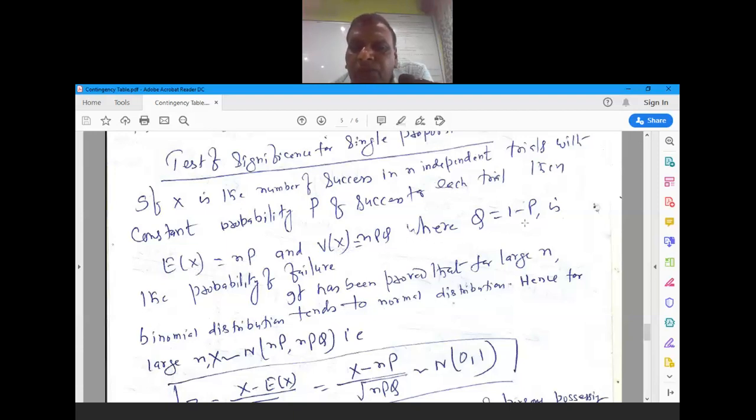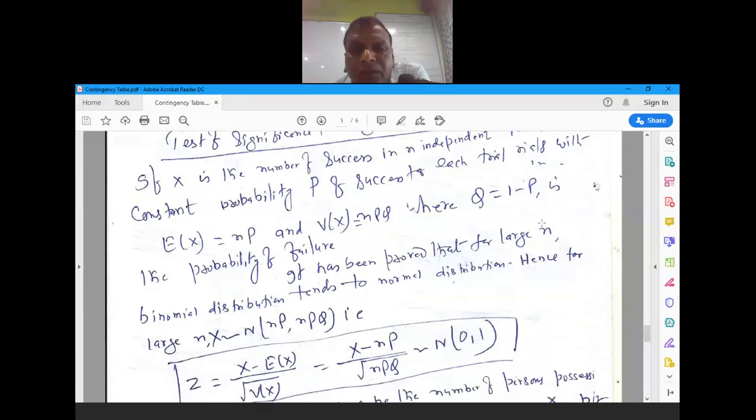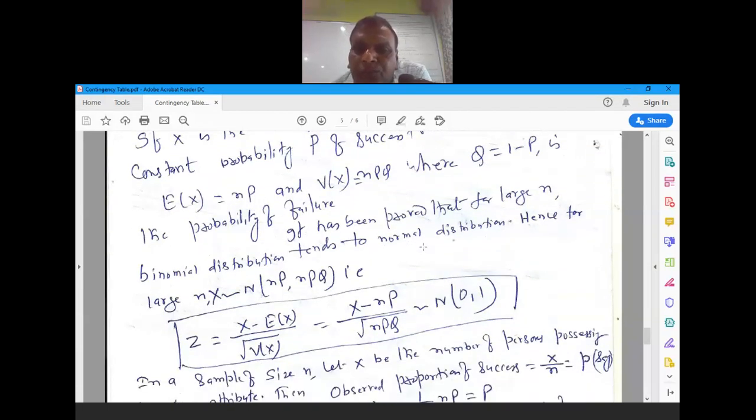We know that total probability is equal to 1, that's why q is equal to 1 minus p, which is the probability of failure. It has been proved that for large n, binomial distribution tends to normal distribution. So for large n, x follows normal distribution with mean np and variance npq.